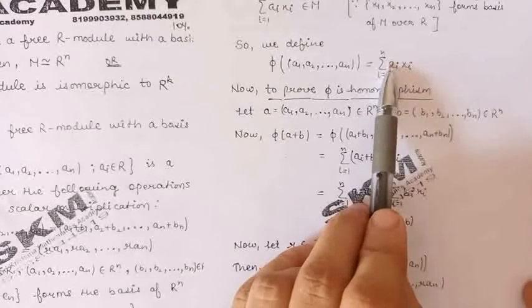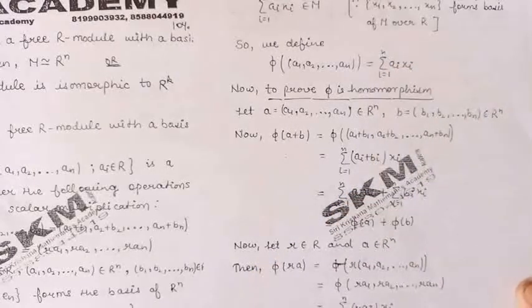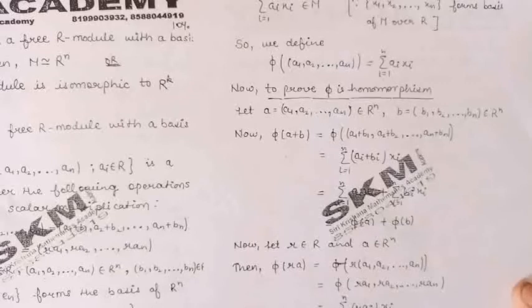Now we have to prove that this mapping is an isomorphism of R modules. So first of all, let us prove this is a homomorphism.